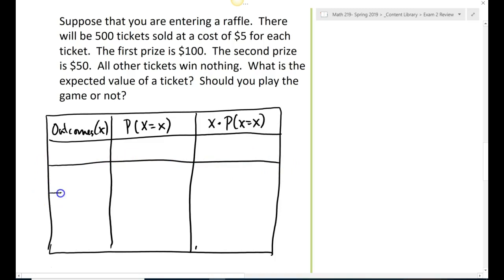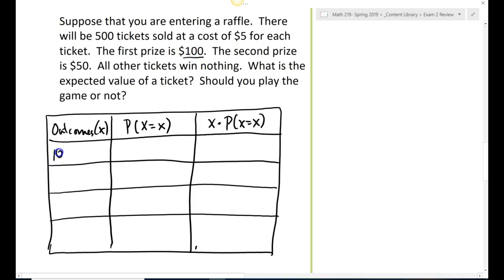Then I ask myself, what are the occurrences that I could have? The first one I could have is a first prize of $100. Now, the trick here for the way that I do these is that you have to remember that you're not actually just going to win $100. You're actually going to do 100 minus $5, which is $95, because you had to pay for the ticket.